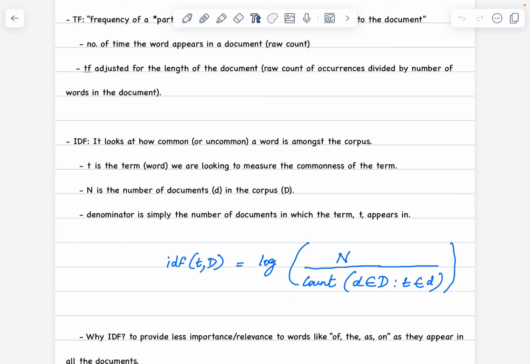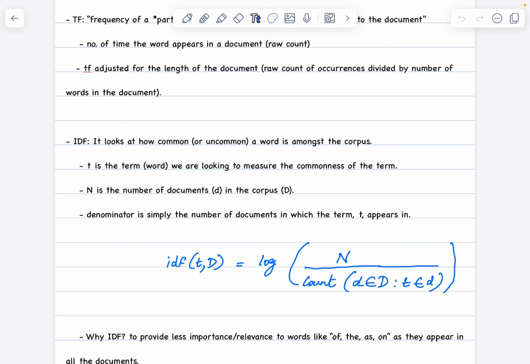In the formula, IDF of t comma D is equal to log of N, the number of documents, over the count of small d belonging to capital D. Capital D represents the whole collection of documents, the whole corpus. Small d is a document where this particular term is present. So this is the whole formula for IDF.